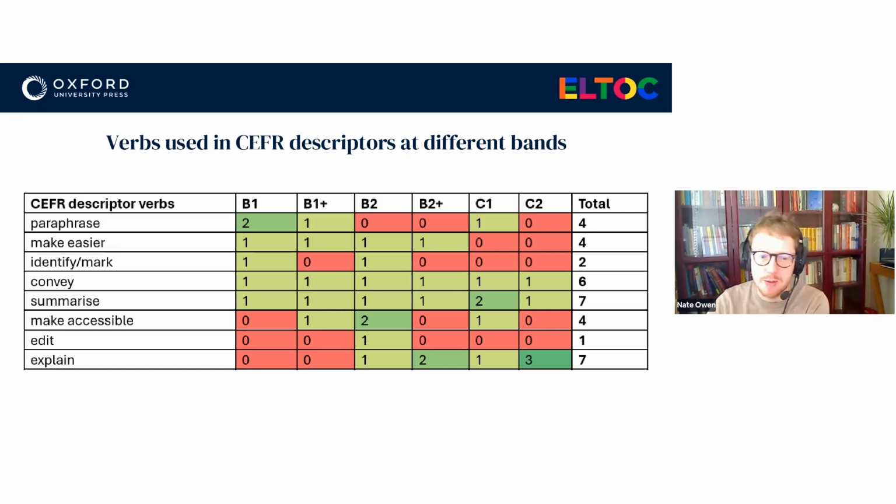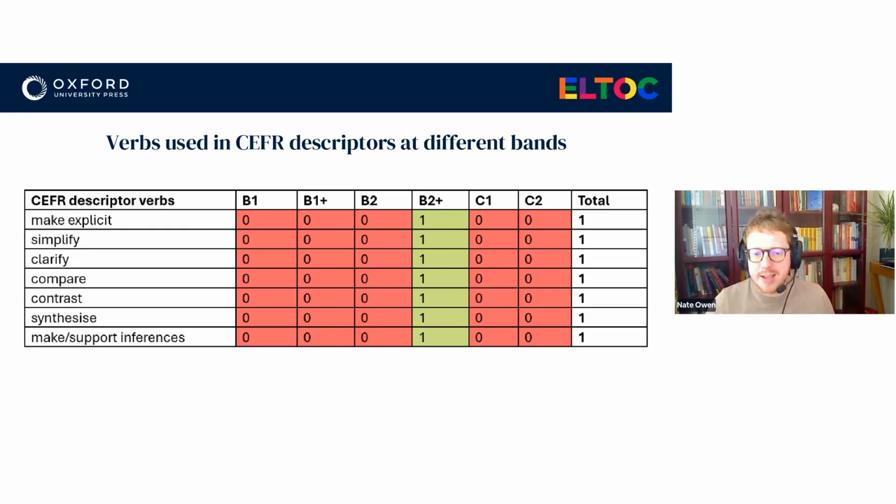The next thing we encountered that was very strange indeed was because the CFR companion volume also introduced the plus levels into common usage. So the B1 plus and the B2 plus, sort of dividing the levels into sub-levels each.